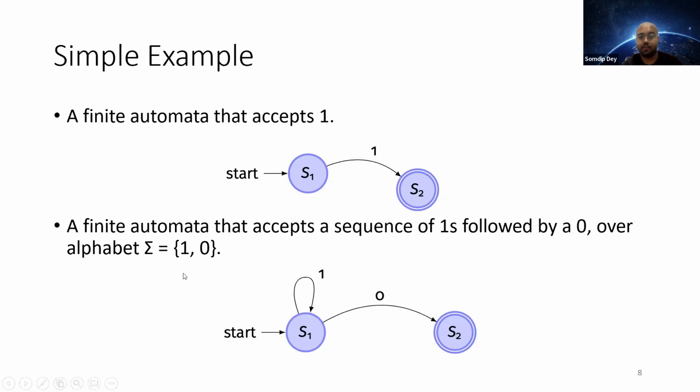So if the alphabet consists of 1 and 0, this machine accepts any string that consists of ones followed by a 0. Then only this finite automata will accept the string.